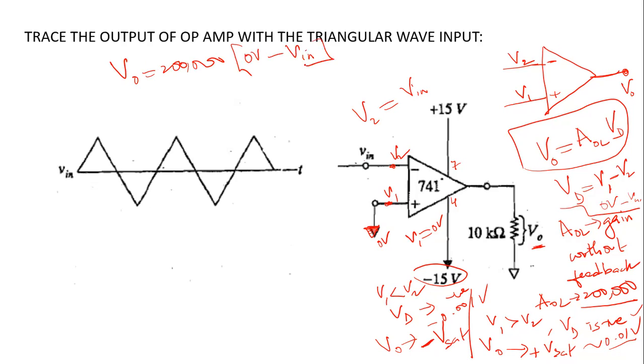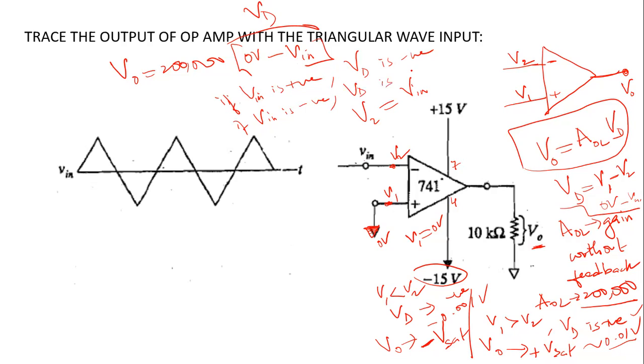So if Vin is positive, this is your VD, isn't it? Your VD will be negative. Now if your Vin is negative, minus of a certain negative voltage will result in a positive value.